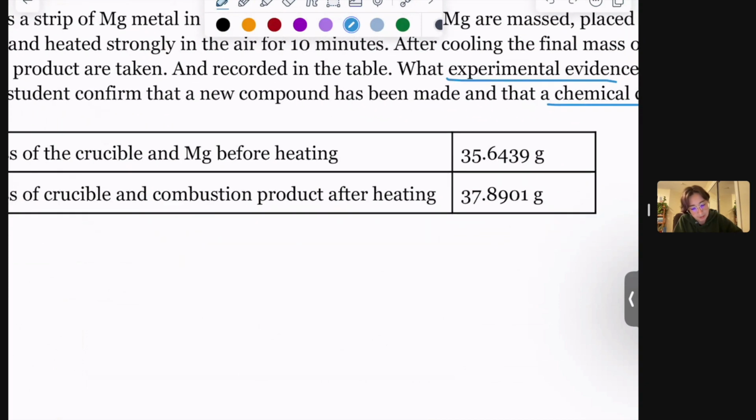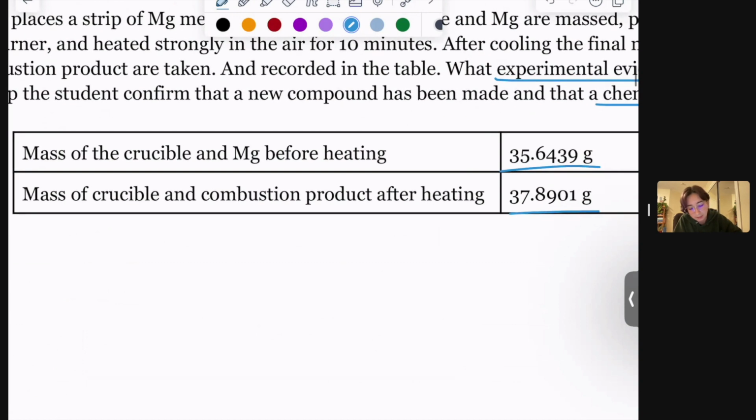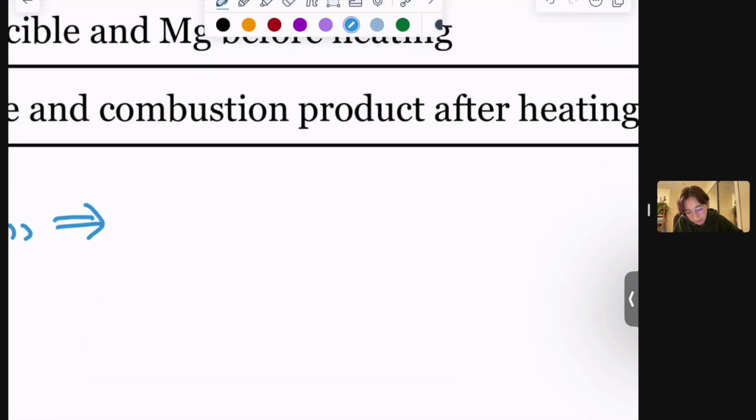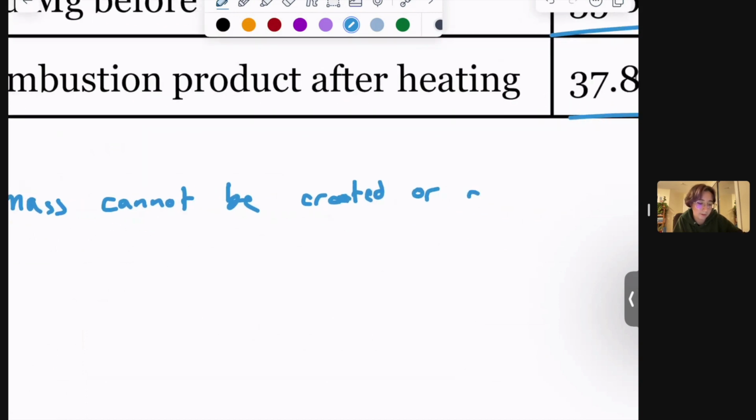So what I'm noticing with these numbers is before my reaction happened, I have this mass, and after my reaction happens, I have this mass. I'll reiterate this later, but we're seeing an increase in mass. And a concept that we'll write down again later, but hopefully we feel familiar with, is that mass cannot be created or destroyed.